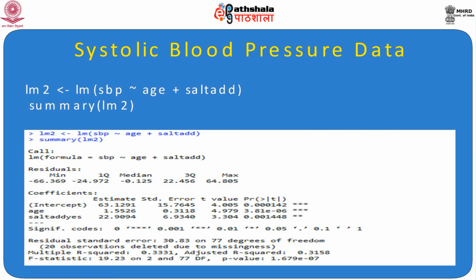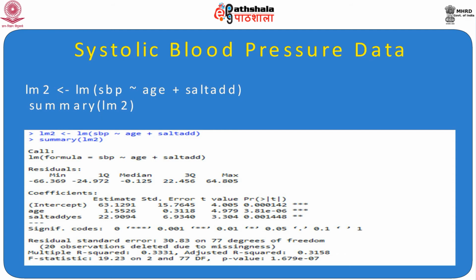We will concentrate on the p value for age, which is highly significant at 3.81 times 10 to the power minus 6, whereas the age estimate is positive at 1.55 with standard error 0.31 and t value 4.979. So it shows that as age increases, systolic blood pressure increases significantly.